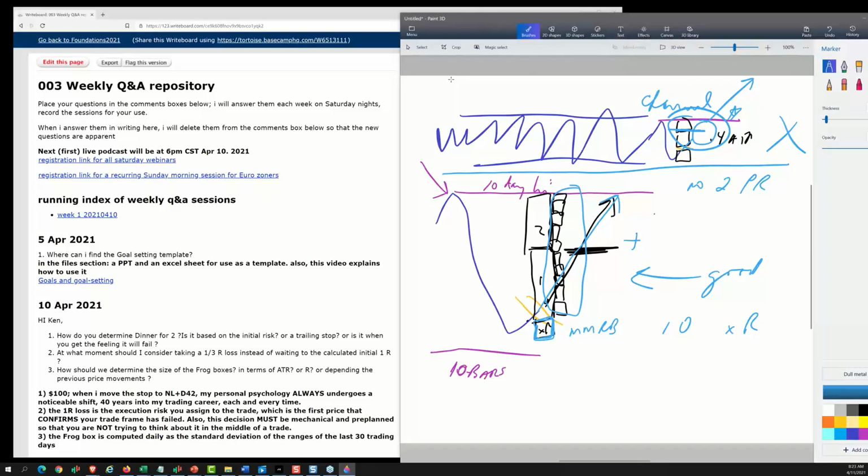But the SQN is going to be the same because the SQN is the average trade divided by the standard deviation, I should say, sorry. The standard deviation is going to be divided by 5 because you're using the smaller box for risk, but your average win's going to be small too.